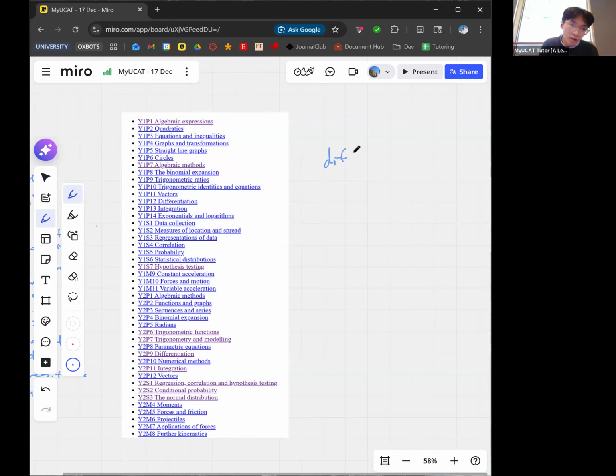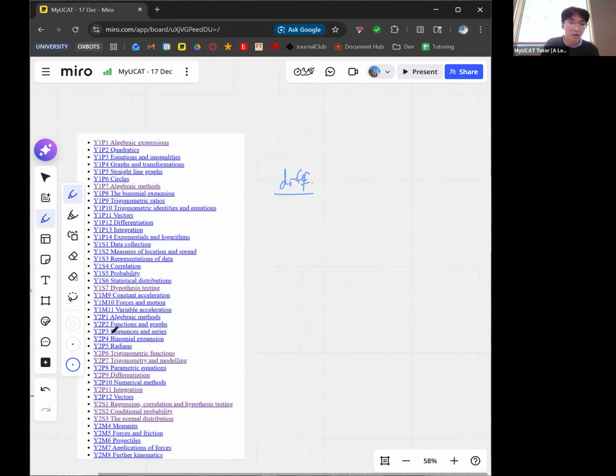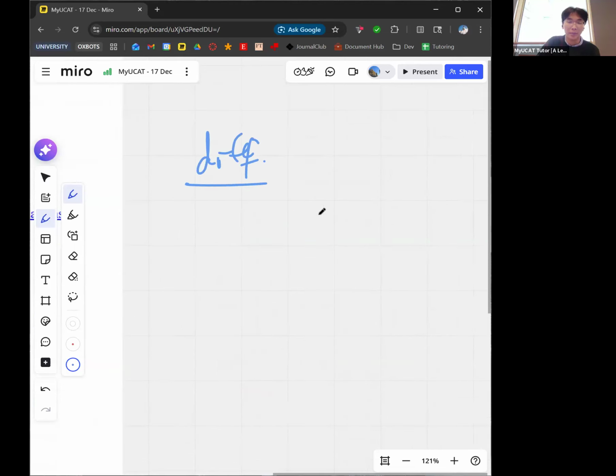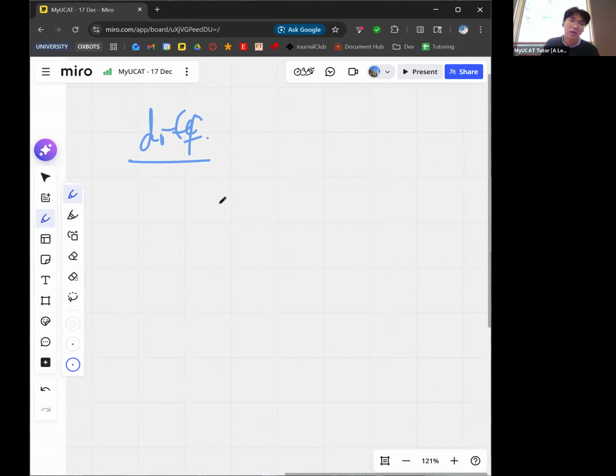So for differentiation, you only have three, right? For differentiation, you kind of only have the three main ones, which is product rule, quotient rule, and chain rule.